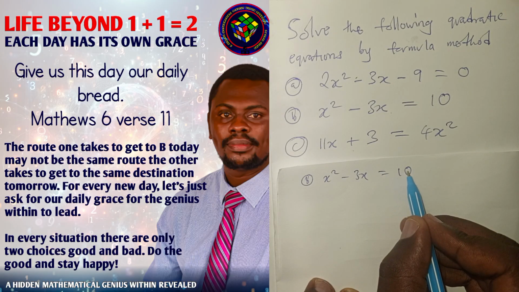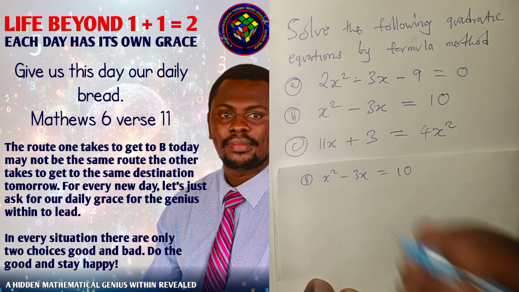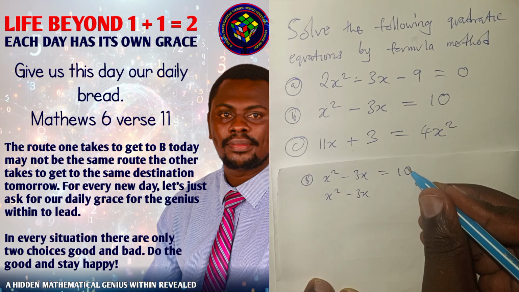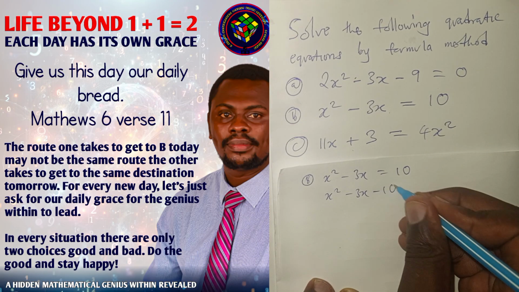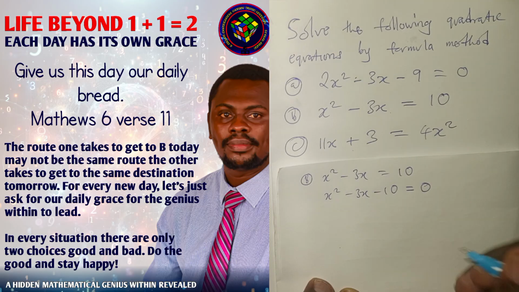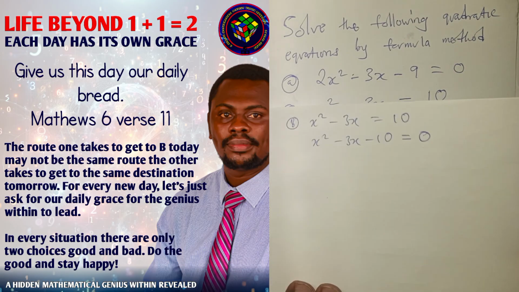Here it is positive, on this side it will be a negative. So we are going to have x squared minus 3x minus 10 is equal to 0. So now it is in quadratic form.